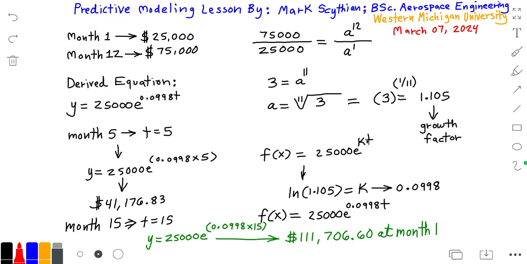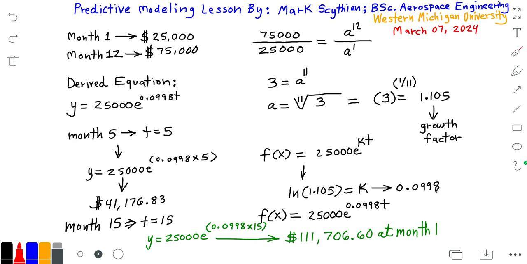So we need to solve for the k constant of this growth factor. So we can apply the natural log of the growth factor 1.105, which computes the k constant, or 0.0998.